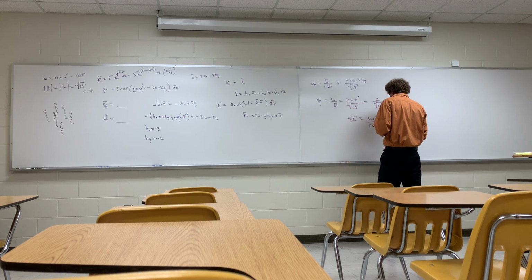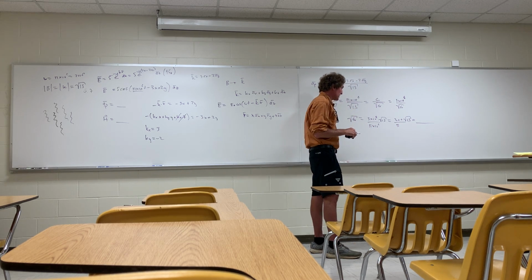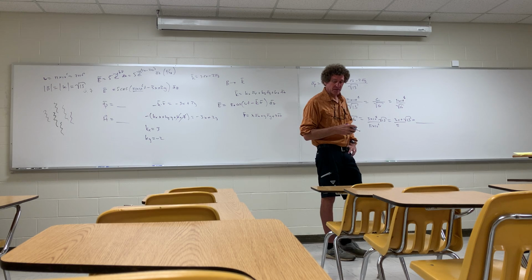So that's going to be 300 over pi times the square root of 13. That's a big number. I don't know what that is, but it's obviously fairly significant, isn't it? Y'all with me?